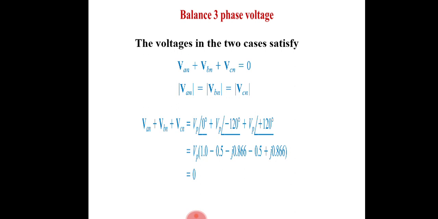Okay. And next is VP with angle 120 degrees, polar form to rectangular form, 0.5 plus j0.866. Okay. So here we take common VP, 1.0 minus 0.5 minus j0.866 minus 0.5 plus j0.866. So here the summation is 0.